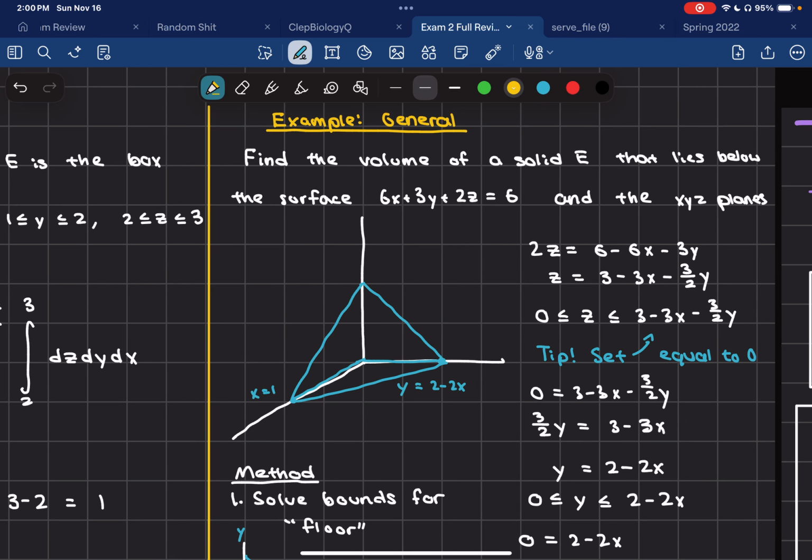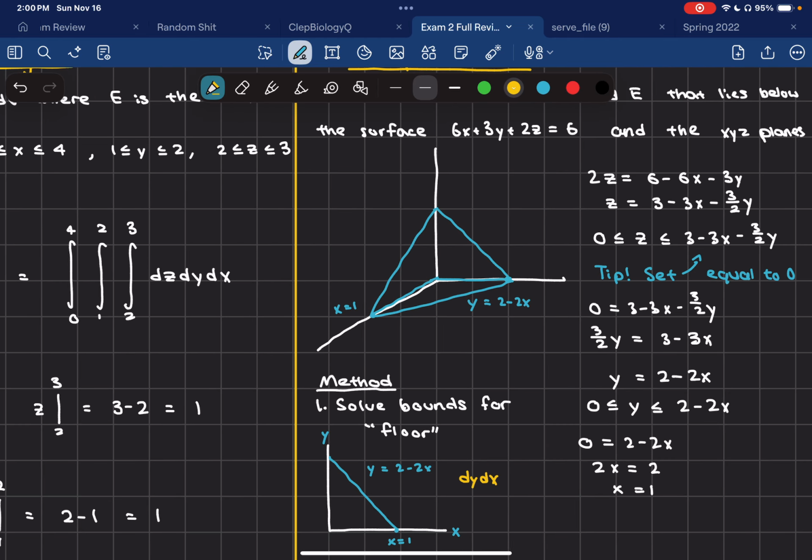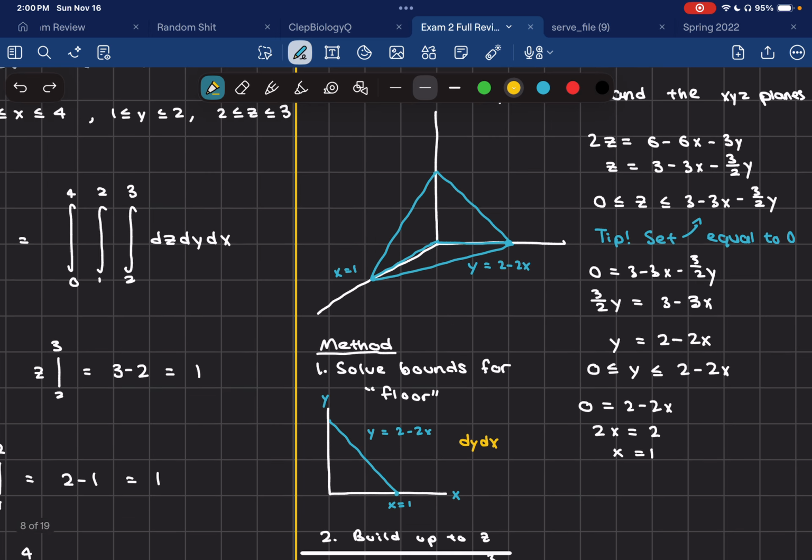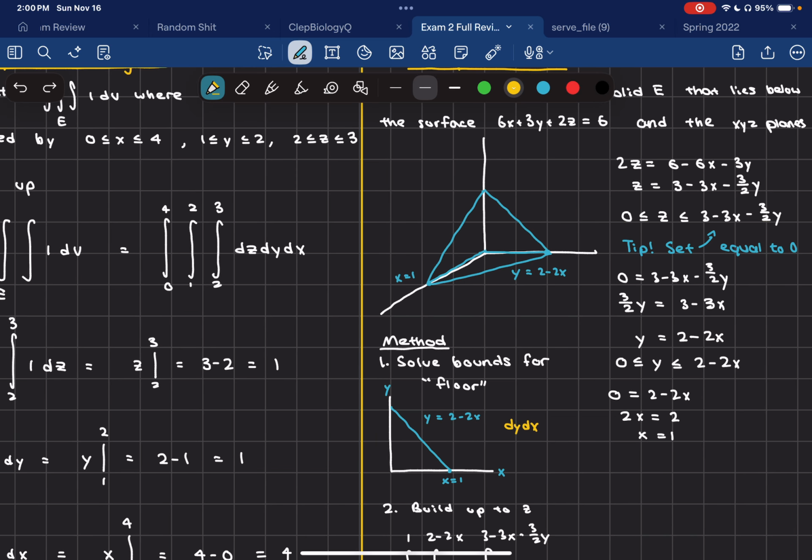So in this case, it was a bit easier. In order to find z, we have this equation already. So if we wanted to find z, we simply just had to set everything else that wasn't z over to the right side. And then once it was set over to z, we just divided by 2. And also, we didn't have to do the floor method for this one. I taught it to you, but you don't have to do the floor method.